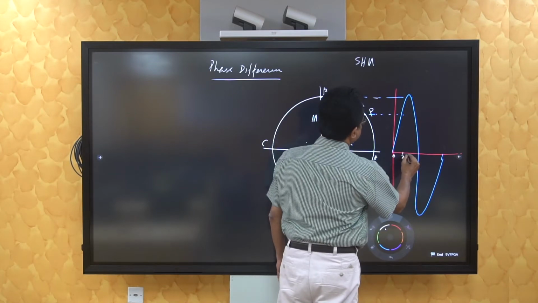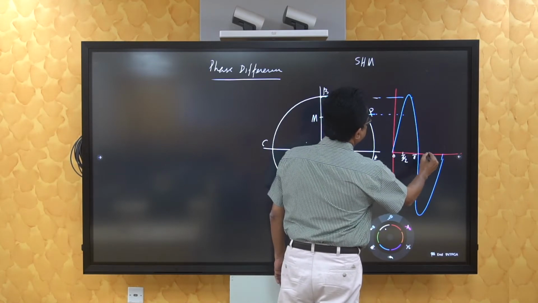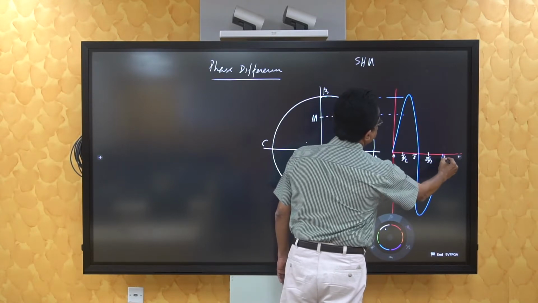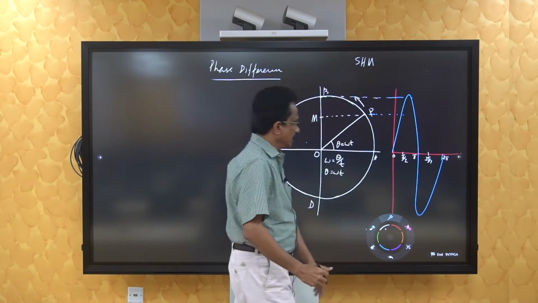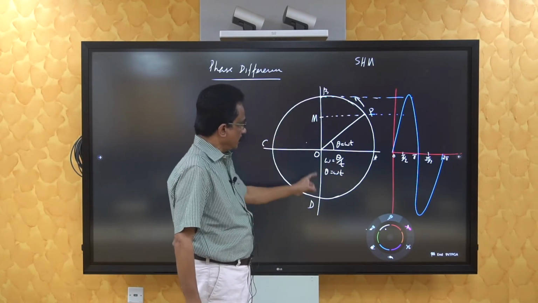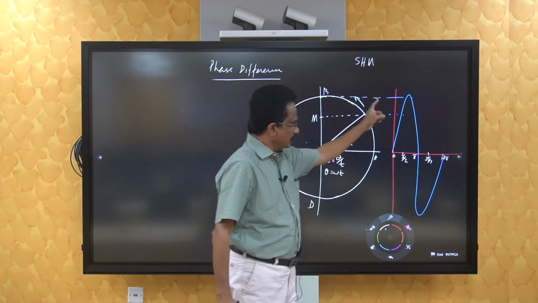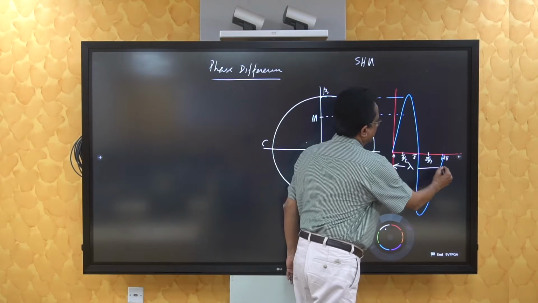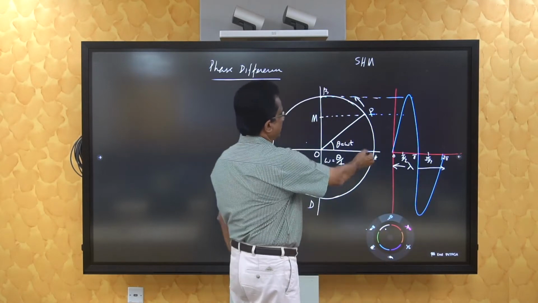This is pi by 2, pi, 3 pi by 2, and this is 2 pi. So as P makes one rotation, the point M makes one oscillation about O. Similarly, we get one cycle here, one cycle of wavelength lambda. And the period of rotation is T.